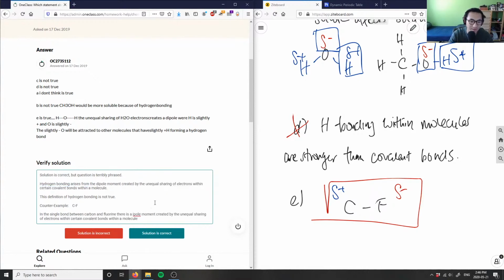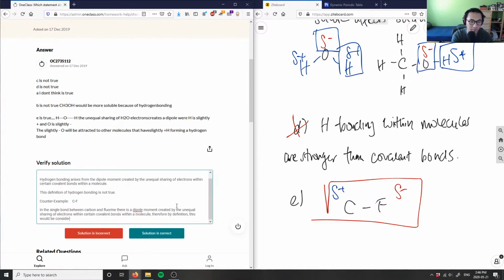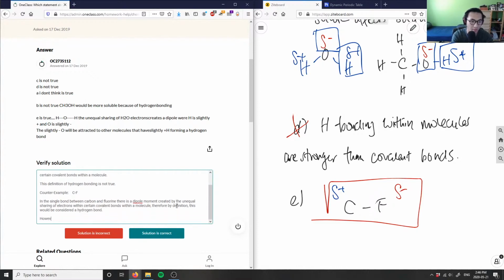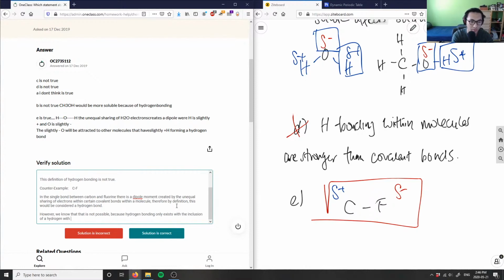Dipole moment created by the unequal sharing. Therefore, by definition, this would be considered a hydrogen bond. However, we know that that is not possible, because hydrogen bonding only exists with the inclusion of a hydrogen with either nitrogen, oxygen, or fluorine.